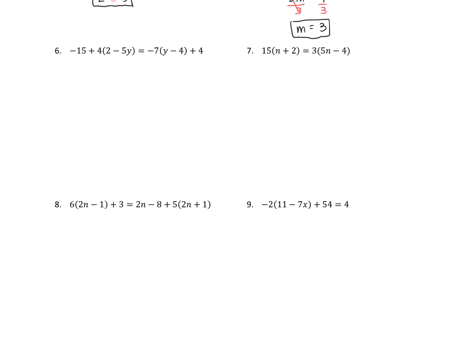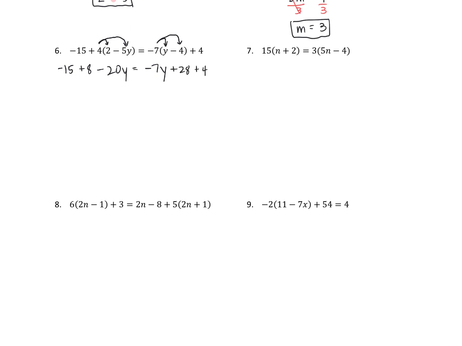All right, so now they get a little bit more complicated. Number 6, we can distribute the 4 on the left-hand side. And on the right-hand side, we have a negative 7 to distribute. So let's do those two things. So we'll have negative 15 plus 8 minus 20y is equal to negative 7y plus 28 plus 4.